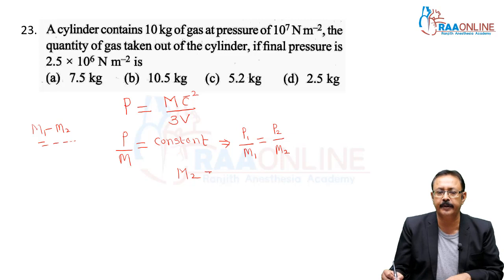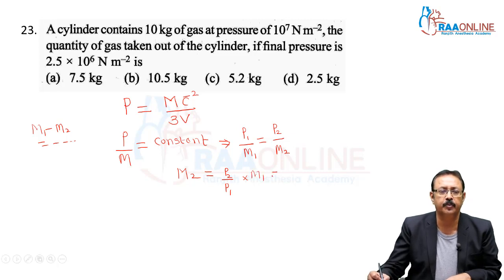So M2 should be equal to P2 by P1 into M1.